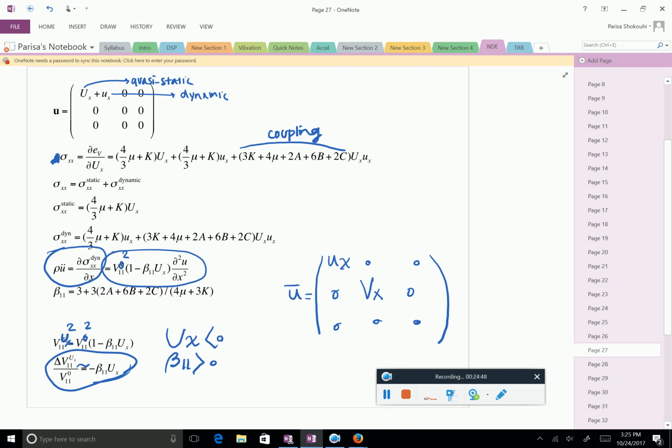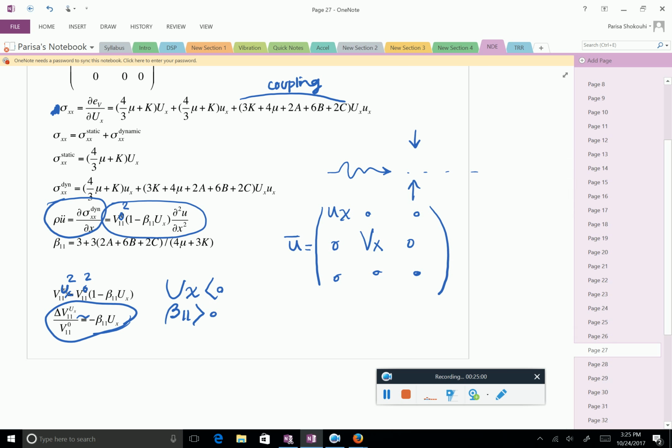So it's like, okay, here I'm sending this wave, but the force is in this direction. So the beta you would get here would be less than beta 1,1.